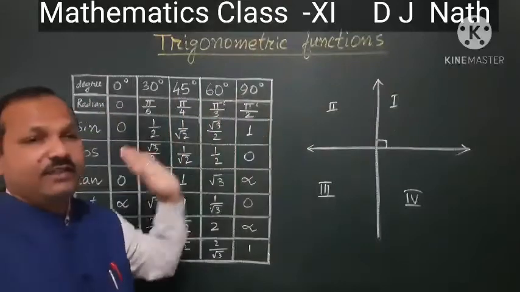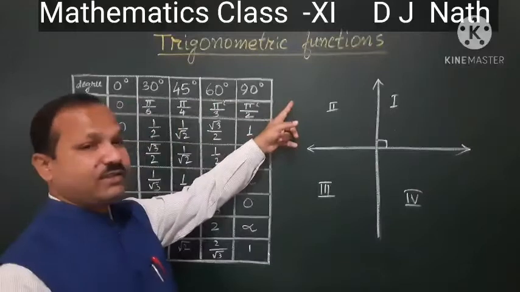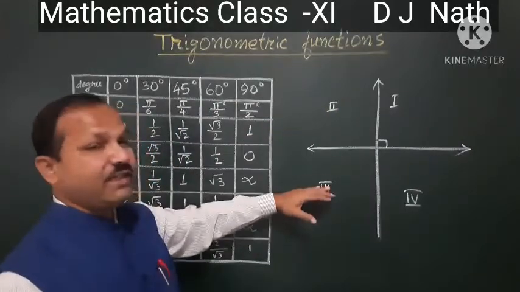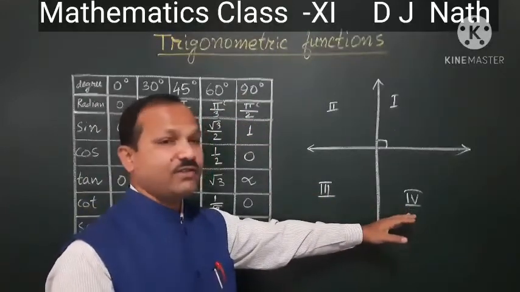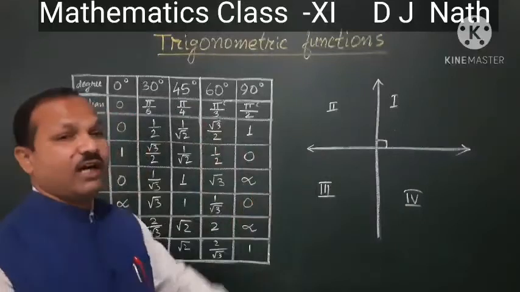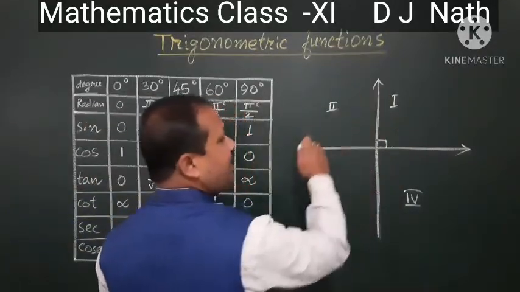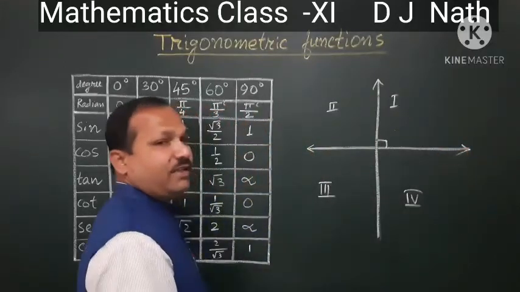If it is more than 90 degree, then how can we get the values? If it is more than, say, 180, then how can we get the values? If it is more than 270, then how can we get the values? So those things also we will learn. Because here only 0 to pi by 2 we have learned. Here it is pi, then it is 3 pi by 2, then again it is 2 pi.